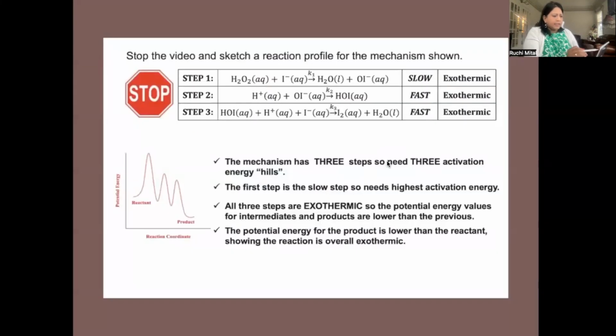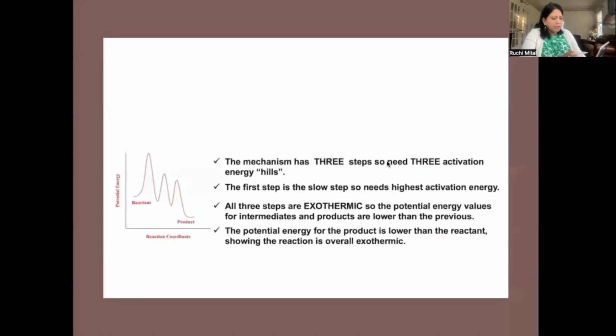If this reaction is given, the mechanism has 3 steps. If this is what is given, the mechanism has 3 steps, so it needs 3 activation energies. The first step is the slowest step, so it has the highest activation energy. All 3 steps are exothermic, so the potential energy values for the intermediate products are lower.